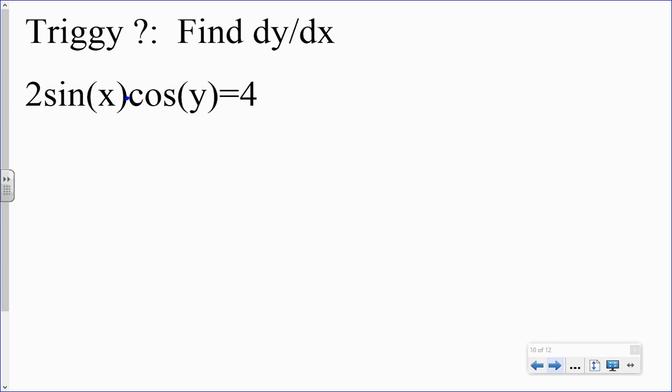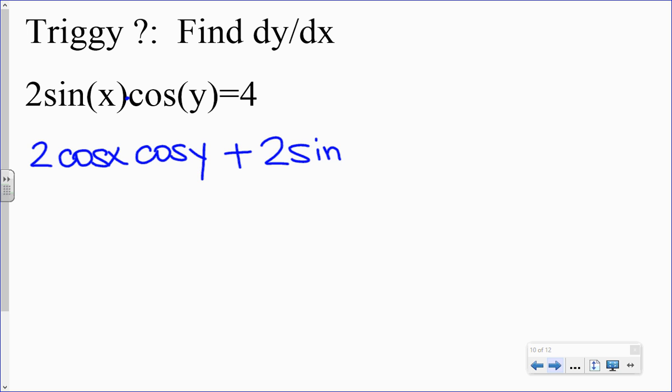So let's keep it in, and then we'll look at the answer when we get there. So, derivative of the first. What is the derivative of 2 sine x? 2 cosine x. And then we're going to multiply by our second function, plus the first function, 2 sine x, times the derivative of cosine y. So what's the derivative of cosine, first of all?